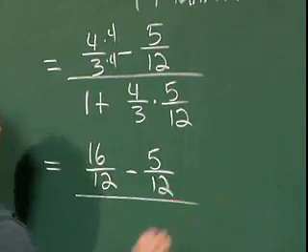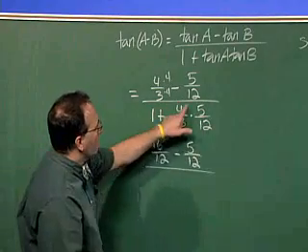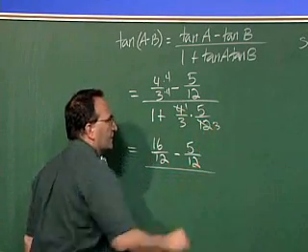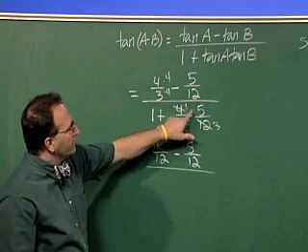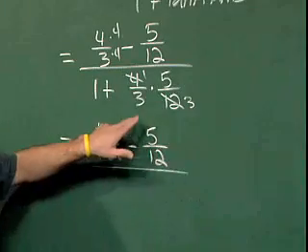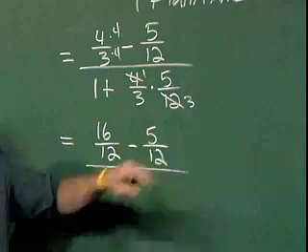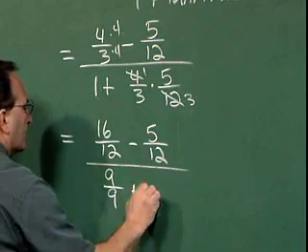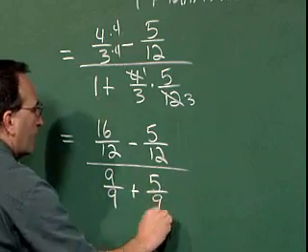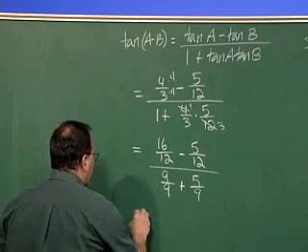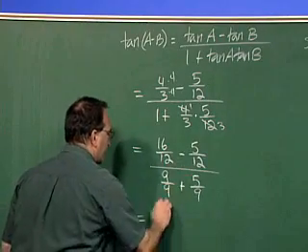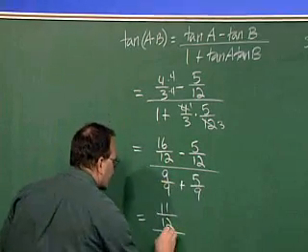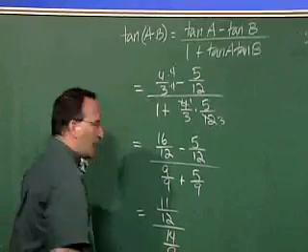In the denominator, we have to multiply these, but notice that I can reduce this 4 into itself once and into 12 3 times. So this is 5/9. So this becomes 9/9 plus 5/9. That's equal to then, of course, 16 minus 5 for 11/12 over 9 plus the 5 is 14/9.